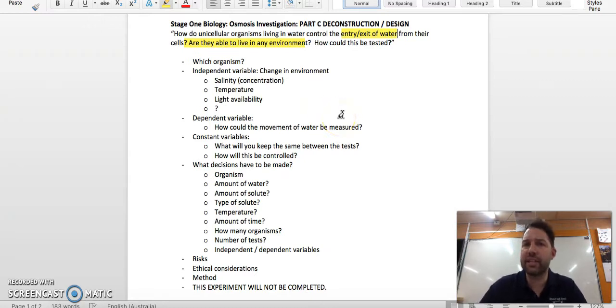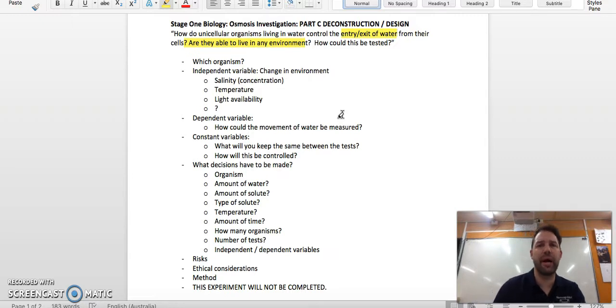In our previous investigation, we measured the mass before and the mass after, and we said that a change in mass may have reflected on movement of water in or out of the cell. A loss of mass, movement out of the cell. A gain of mass, movement into the cell. So think about, what could you measure here? That would be your dependent variable.